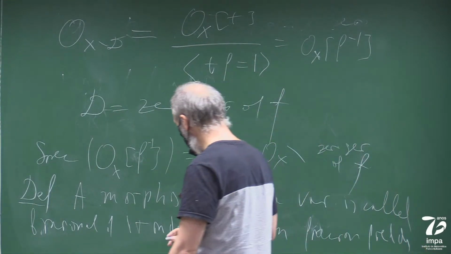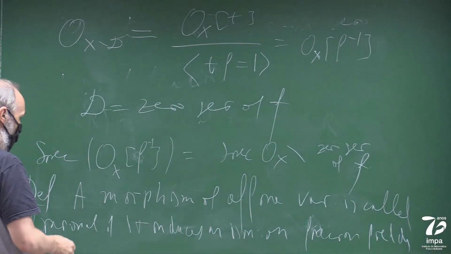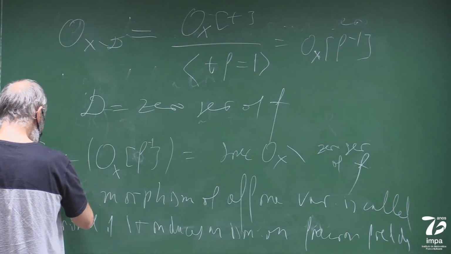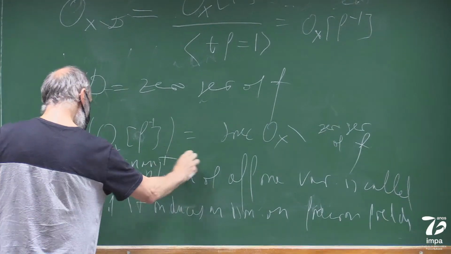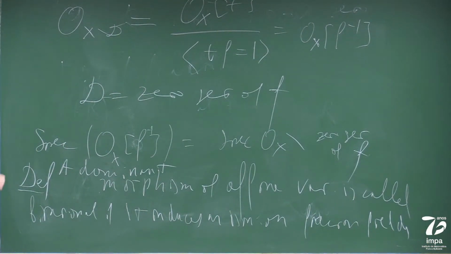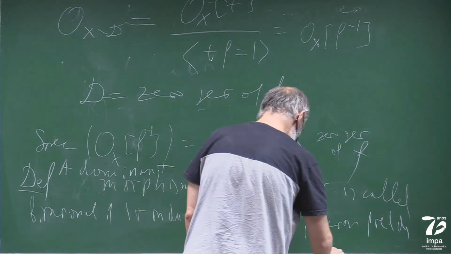Well, for that to make sense, of course, you want your morphism to be dominant, so I would add dominant. Because for non-dominant morphisms, we have no map on fraction fields. It makes sense only when the morphism is dominant.